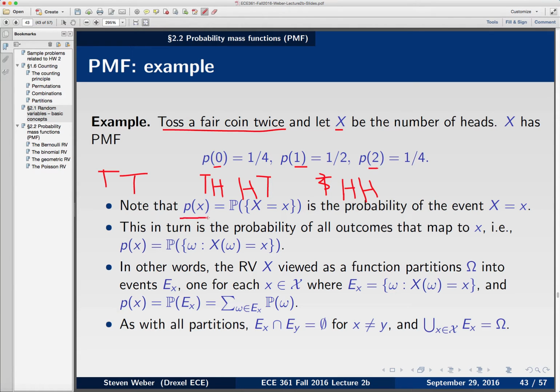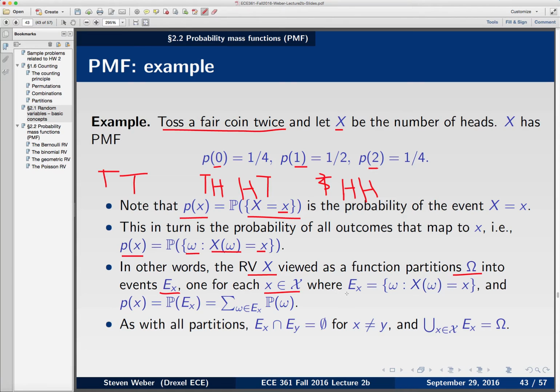So, recall the shorthand notation. P of x means the probability of the event that the random variable X takes value little x. And again, this is the probability that the outcome of the random experiment is such that the random variable X maps that outcome to the value little x. In other words, we can view the random variable X as a function that partitions omega, the set of all possible outcomes, into events which we'll call E sub x, one for each possible x in the support.